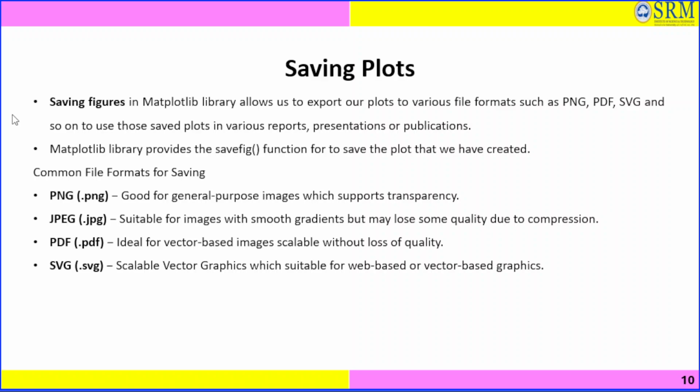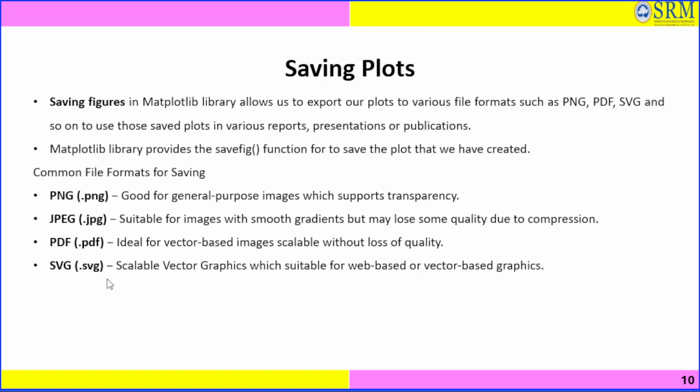Saving plots. Saving figures in the Matplotlib library allows us to export our plots to various file formats such as PNG, PDF, SVG, and so on, to use those saved plots in various reports, presentations, or publications. The Matplotlib library provides a savefig function to save the plot that we have created.